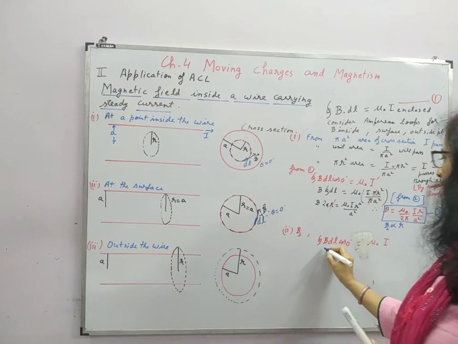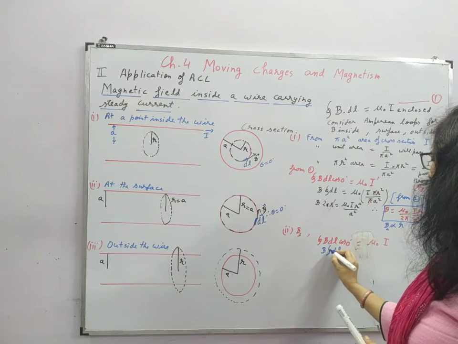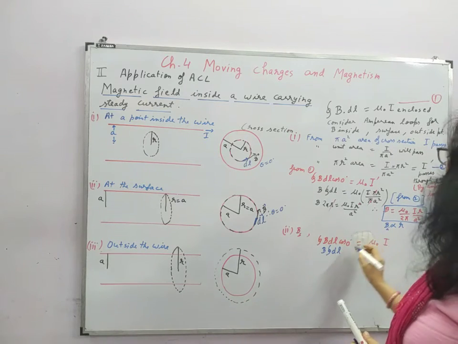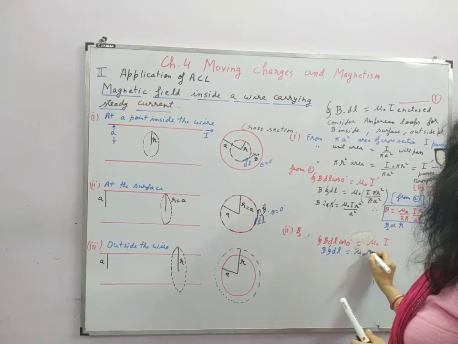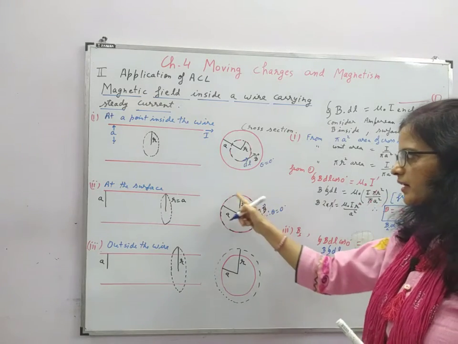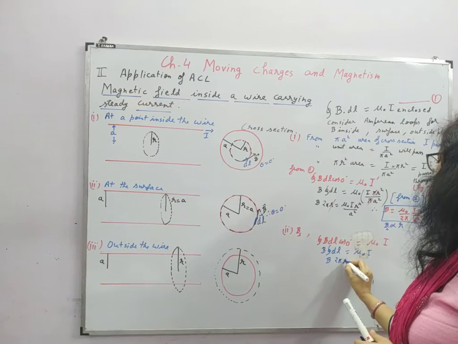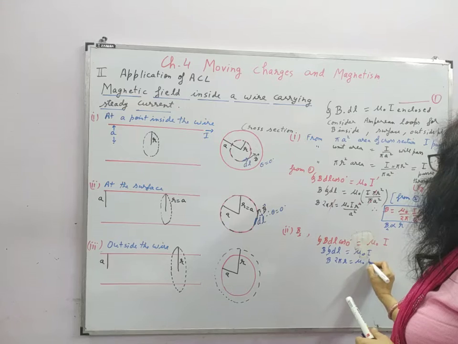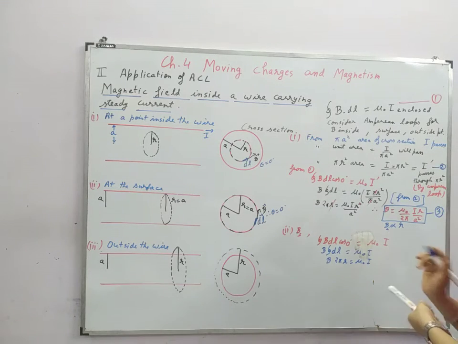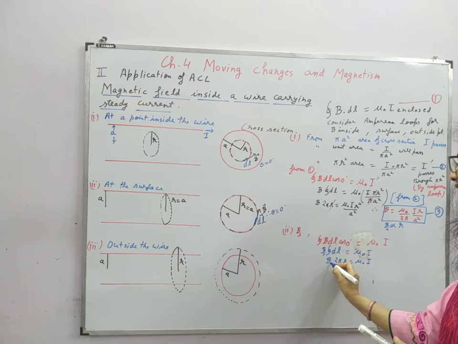Now from here again as before, B integral dl is equal to mu naught I, and B integral dl means again the circumference of this Amperian loop. So I can write 2 pi r is equal to mu naught I. So from here I'm finding this at the surface, so I'm writing the suffix s.